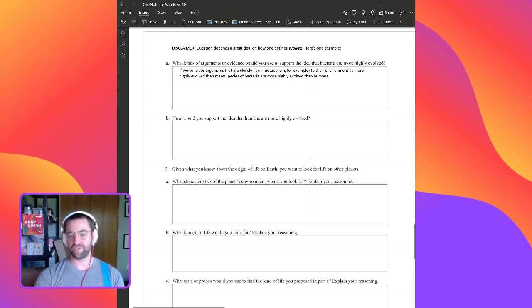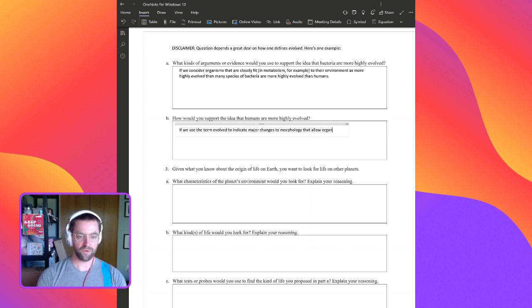So if we use the term evolved to indicate major changes in morphology, the physical makeup of an organism, that allow organisms to survive in a number of different environments or habitats, then humans are more highly evolved.